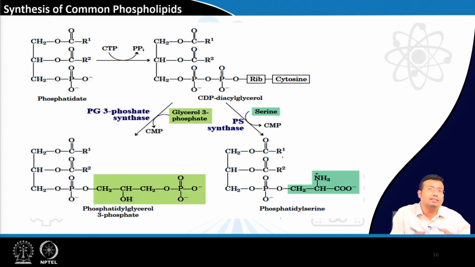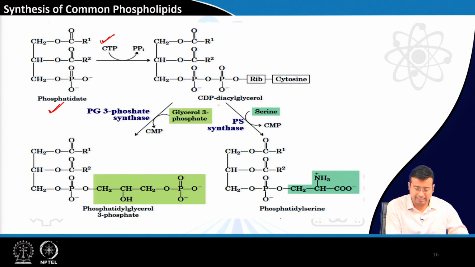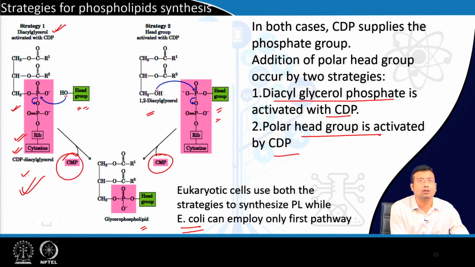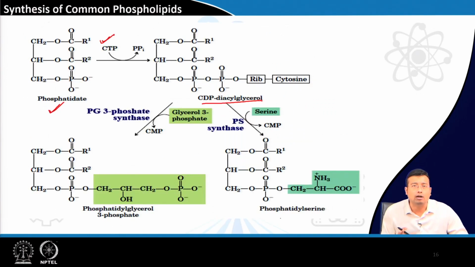Basically, we can use the same concept where this phosphatidate, or phosphatidic acid, can combine with cytidine triphosphate. It undergoes hydrolysis and forms CDP diacylglycerol, because CDP diacylglycerol can participate in all downstream reactions.